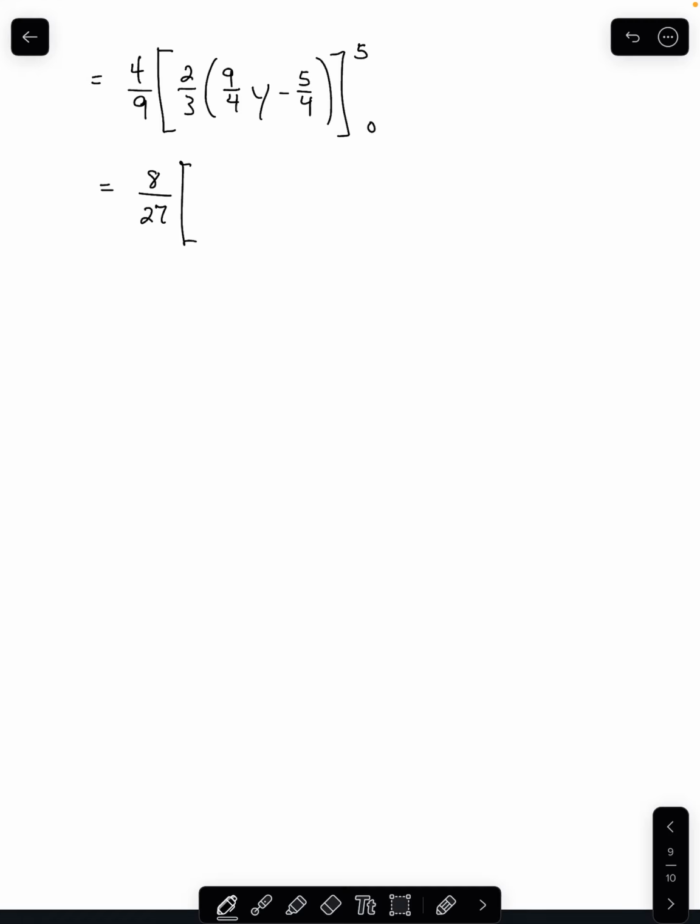Now this can get a bit messy, but we can clean it up a little bit by factoring out and combining some of those constant multiples. If we bring the 2/3 out in front with the 4/9, we would get 8/27. And then we would have 9/4 times 5 minus 5/4, minus 9/4 times 0 minus 5/4.